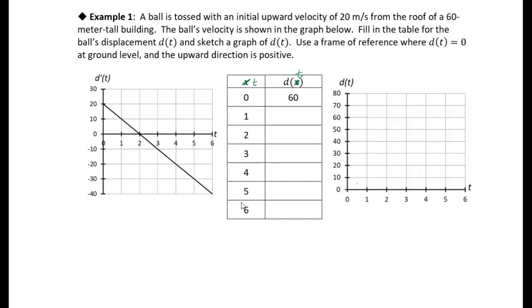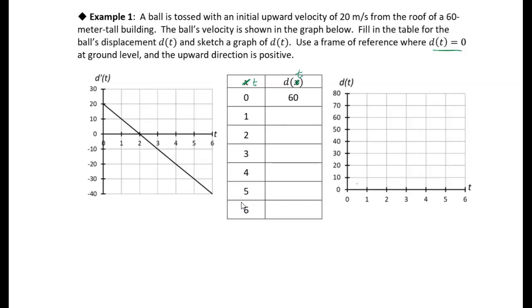Okay, so at t equals 0, we're starting at 60 meters above the ground. We're taking the ground level to be 0, so we're measuring everything from ground level. Since we're throwing this ball off the top of the 60-meter tall building, our initial displacement is 60 meters above the ground. Now we want to know what's the position at t equals 1.